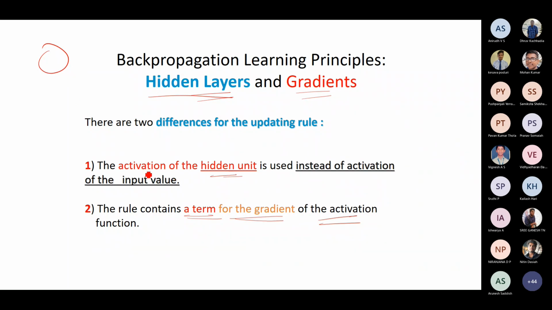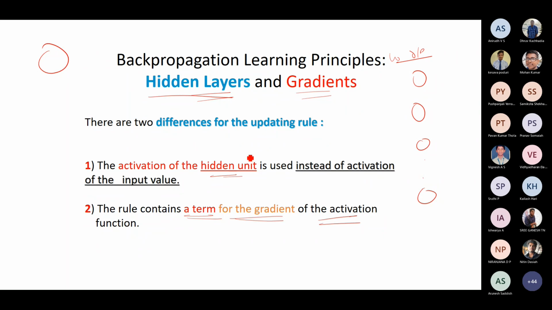In the multiple layer architecture, you have to update the weight vector for the hidden unit separately, and the weight vector for the output layer separately, because the output layer has to categorize the result as true or false, yes or no, or +1 or -1. If it is digit recognition, is it a 0 or a 1 or a 2, etc. So you have one output unit for each of 0, 1, 2, etc., typically 10 output units to recognize the digits from 0 to 9.